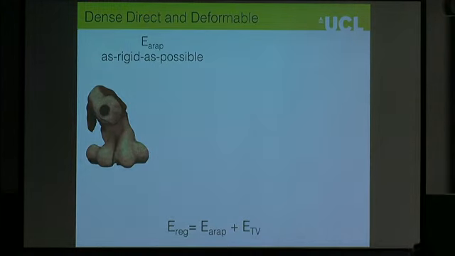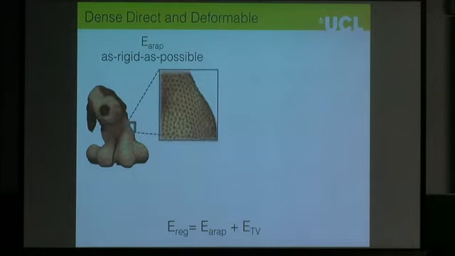So that was the data term that we're using, just brightness constancy, and now we also have some regularization terms. These regularization terms are quite common in the graphics community. The first one is an as rigid as possible regularization term which preserves local rigidity, and therefore we're preserving the detail.